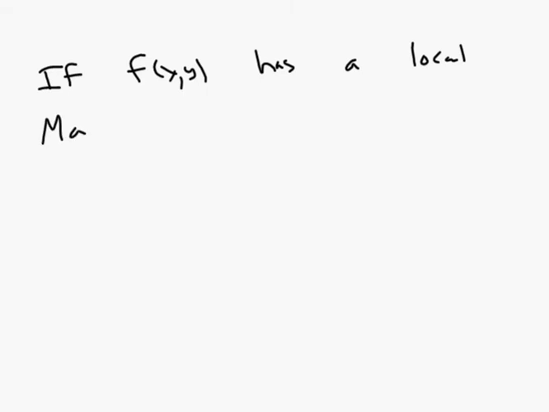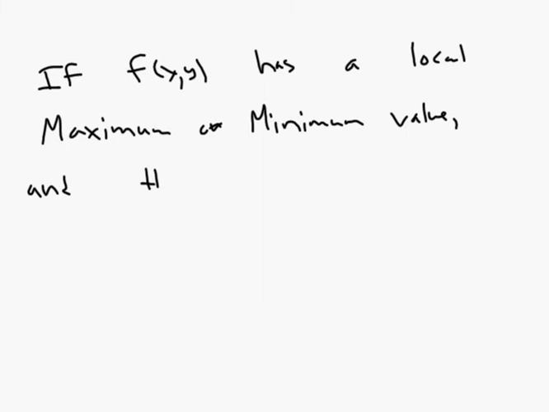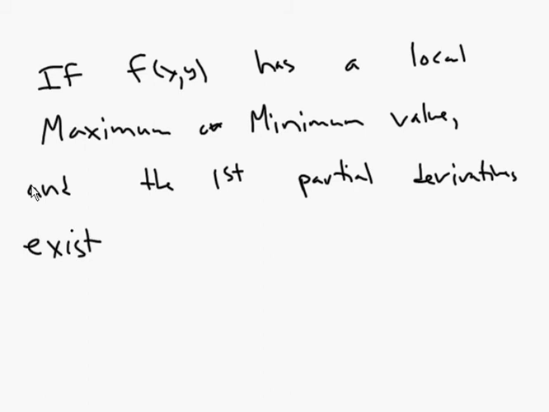Okay, so let's just state a little theorem. Ready? So if f of x comma y has a local maximum or minimum value, and the first partial derivatives exist, I should say first order, just to be careful.